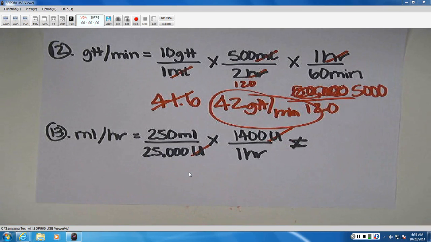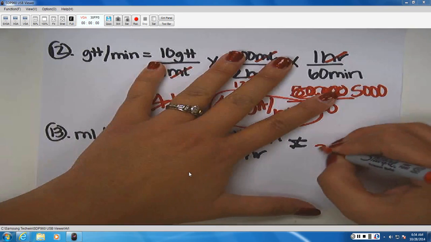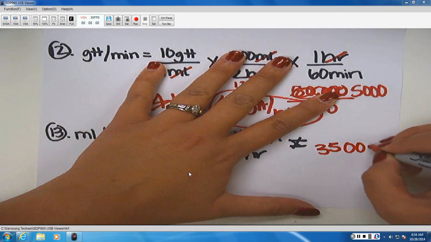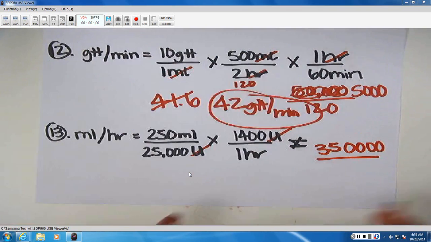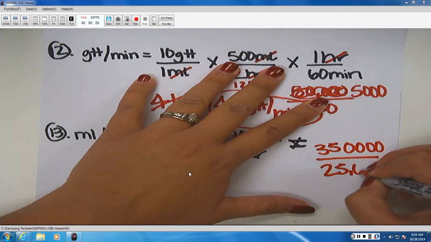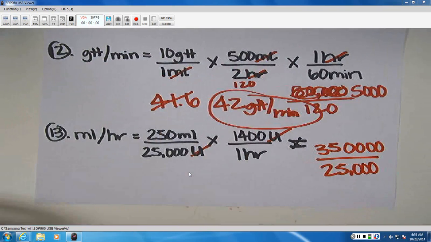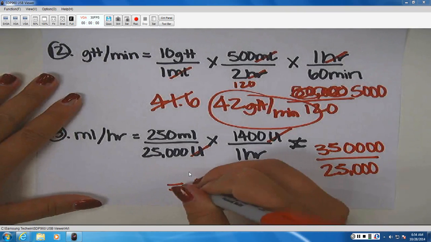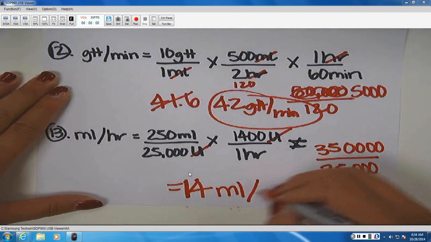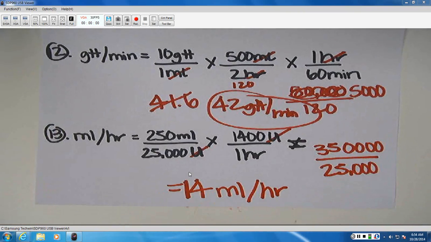So 250 times 1,400 equals, and we're going to divide that by 25,000. And it equals 14 mLs per hour.